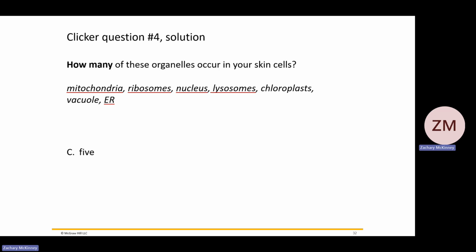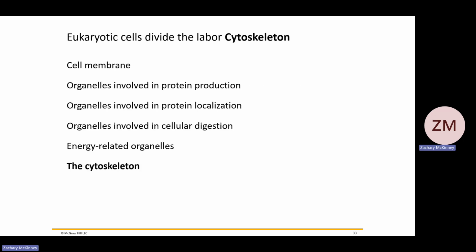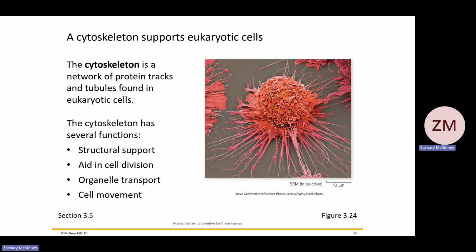Okay, the last section of organelles that we have is the cytoskeleton, so I'm going to move through these. A lot of these are for providing structure for the cell, but also communication and functions in specific ways. So the cytoskeleton, cyto for cell, is this network of proteins that help to establish the shape of the cell, to maintain the integrity, and to connect different parts of the cell.